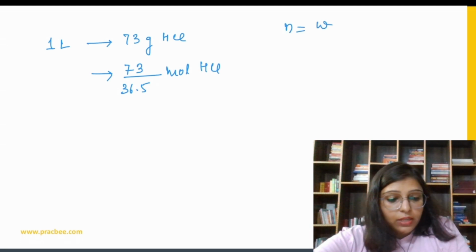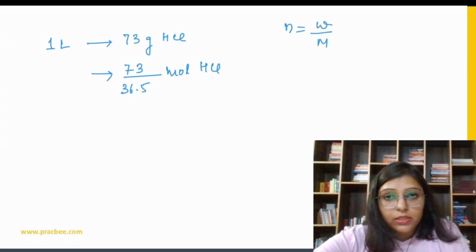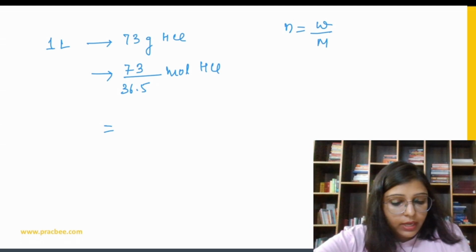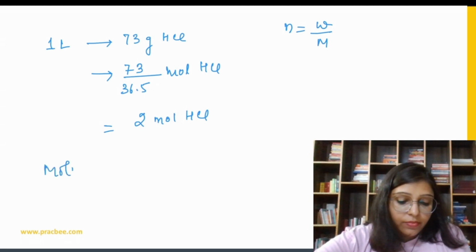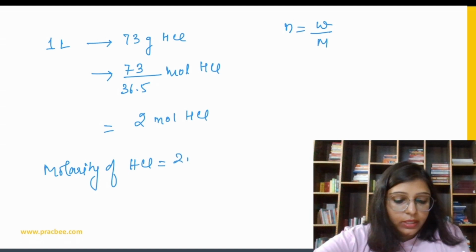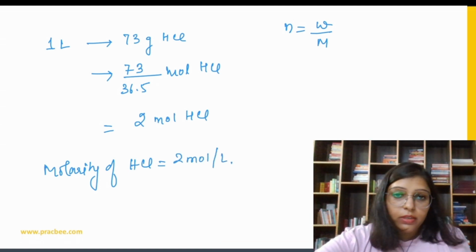Number of moles is given mass divided by molar mass. On solving, we get 2 mole HCl in 1 liter. So molarity of HCl is 2 mole per liter.